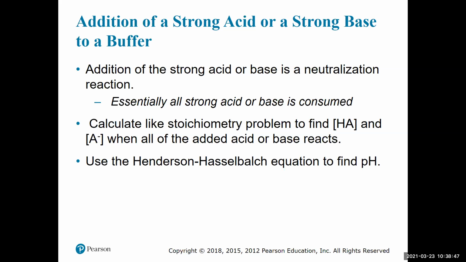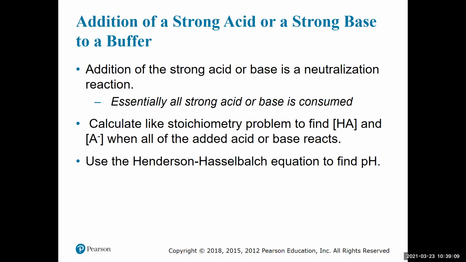You neutralize that acid or base, and then you can calculate what impact that has, if any, on your buffer system. When we do these types of calculations, it's very similar to the other equilibrium calculations that we've been doing.